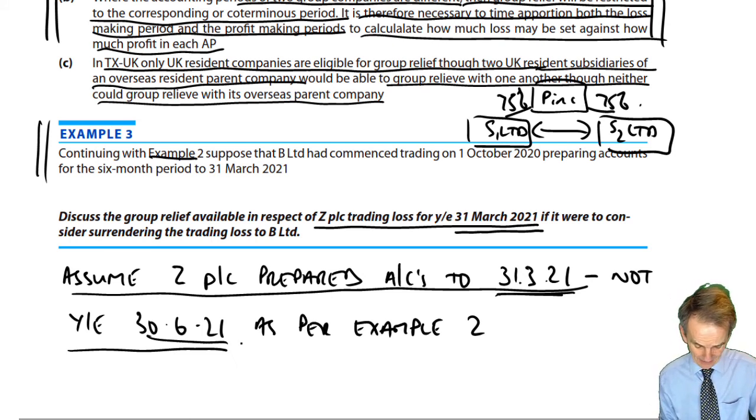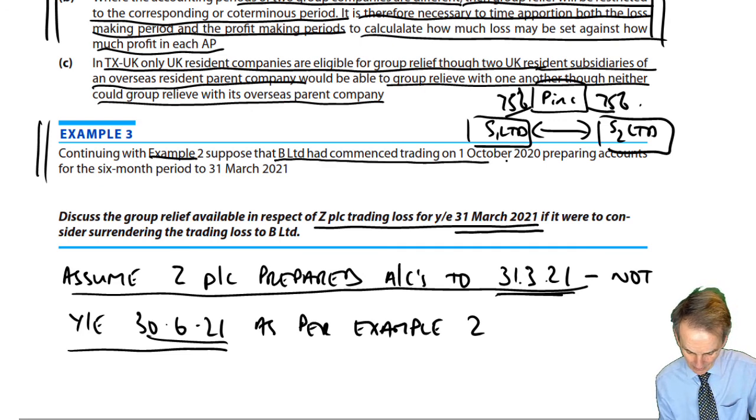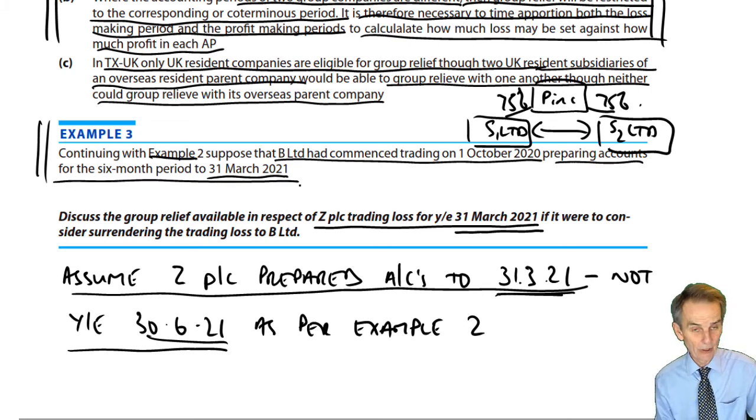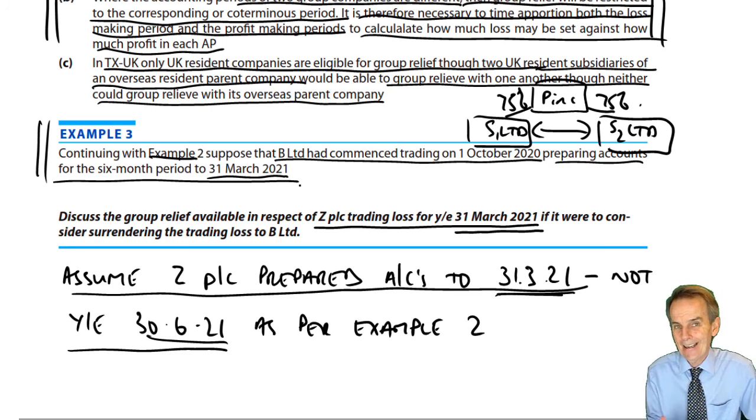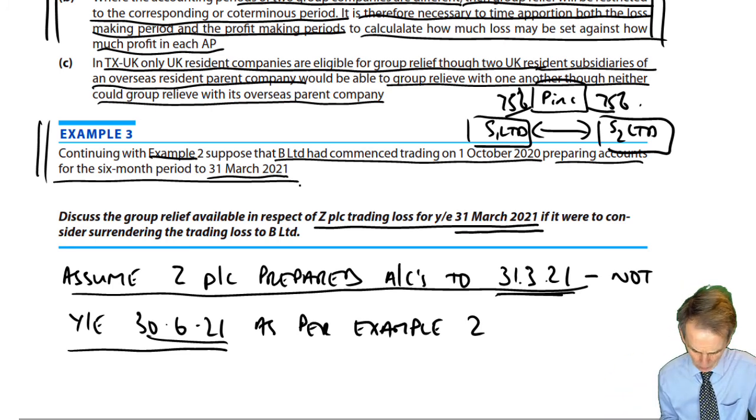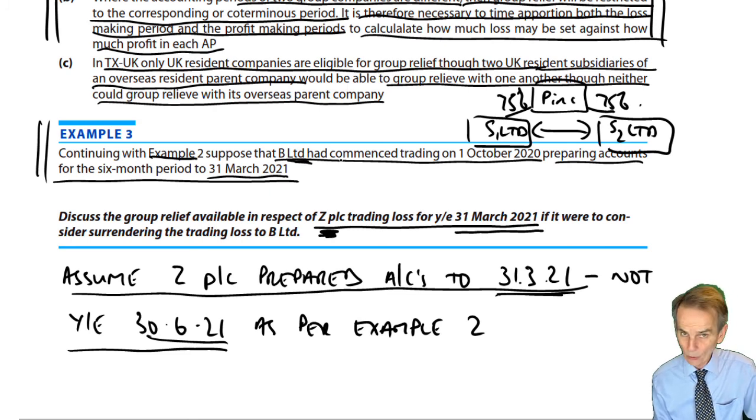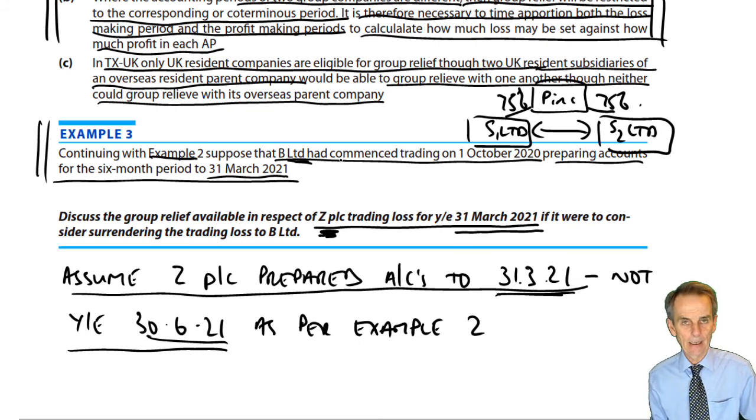The reason being is because here we now suppose that B Limited had commenced trading on the 1st of October 20, but prepared accounts for the 6-month period to the 31st of March 21. It's a different date. So can you assume, therefore, that both Z and B and all the other companies there have got a 31st of March accounting period end date?